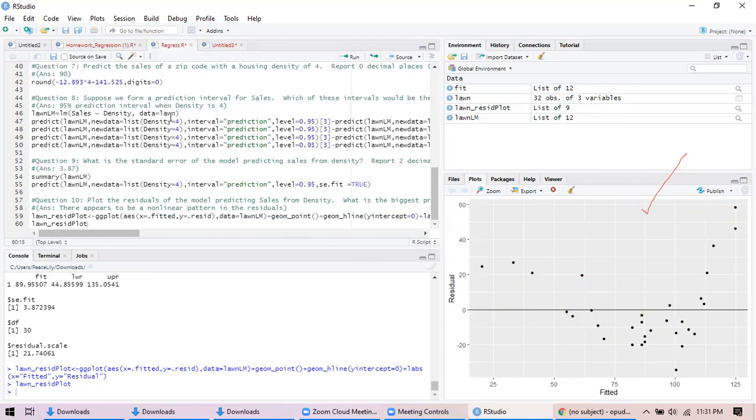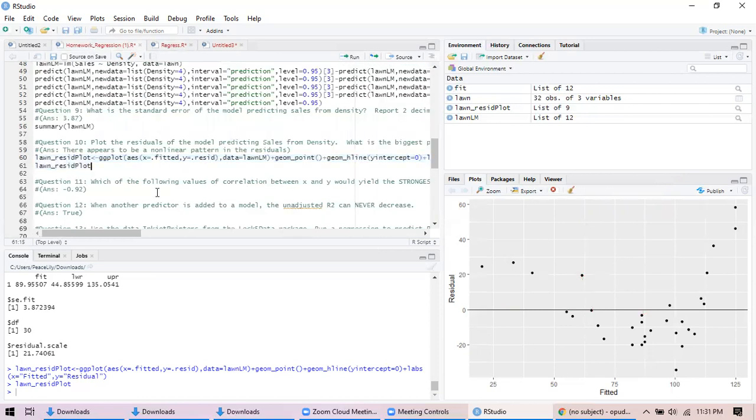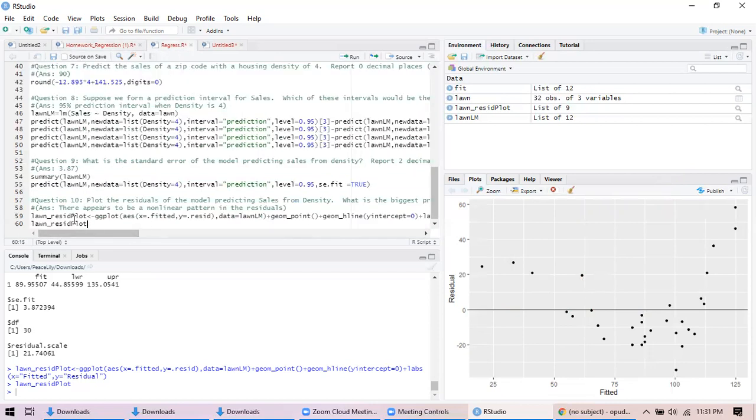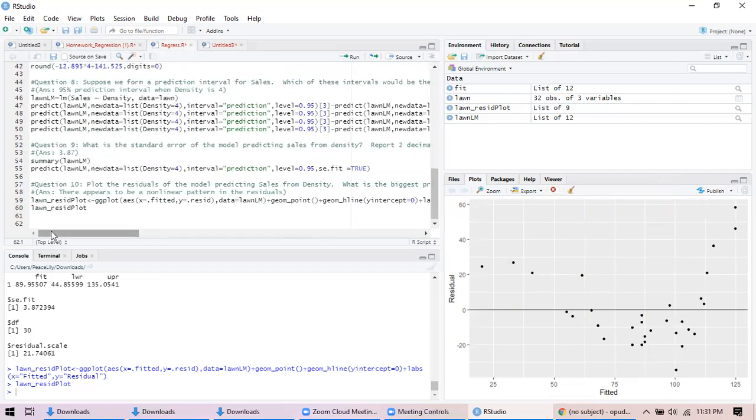I've already touched on this one again, but how to actually solve it, like how to make it linear. All right, so let's look at this one.